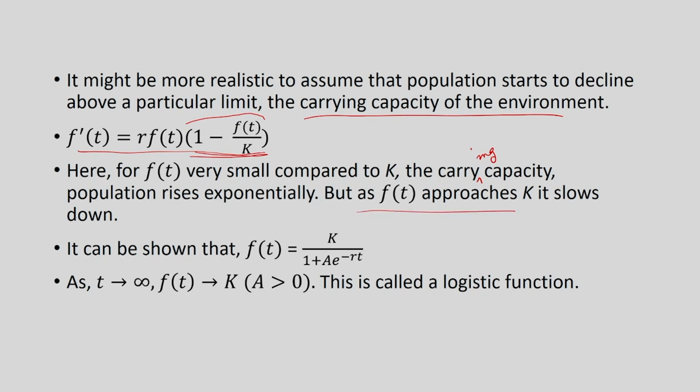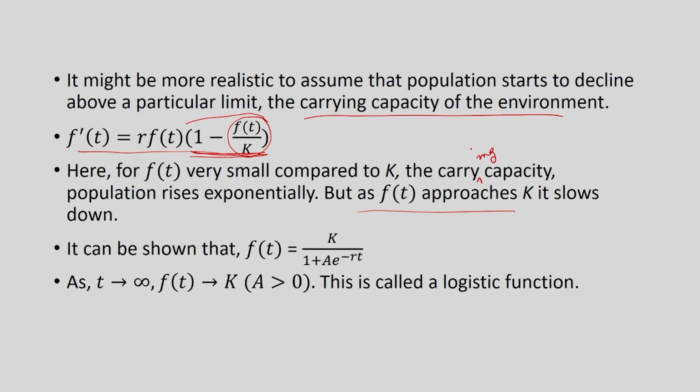So, imagine F of t not equal to K, but very close to K. Then this term will be very close to 1. In that case, 1 minus a term which is very close to 1, this factor becomes close to 0. So, in that case f dash of t approaches 0.